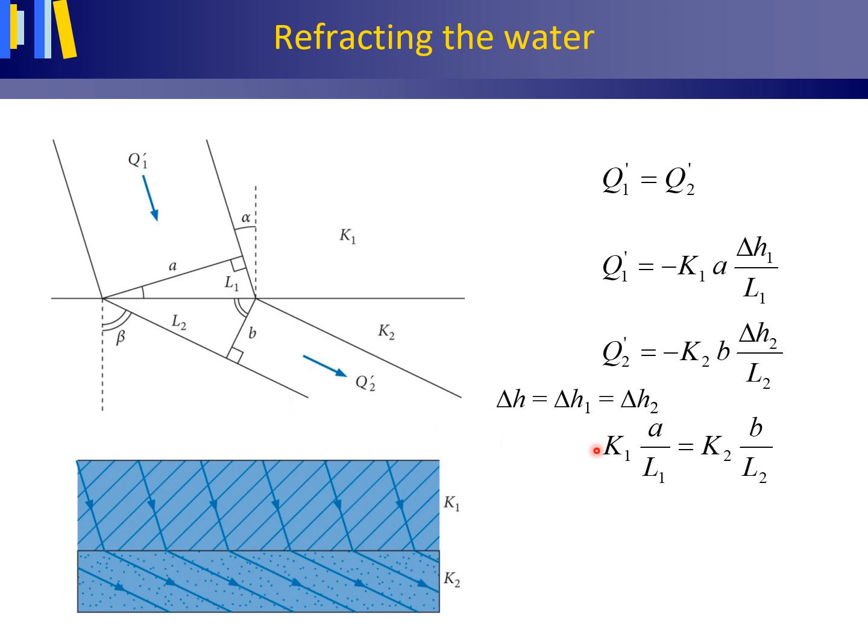If we insert that into this equation, so the tangent of alpha is L1 divided by A and the tangent of beta is L2 divided by B, we get the following. The ratio K1 over K2 equals tangent alpha divided by tangent beta.